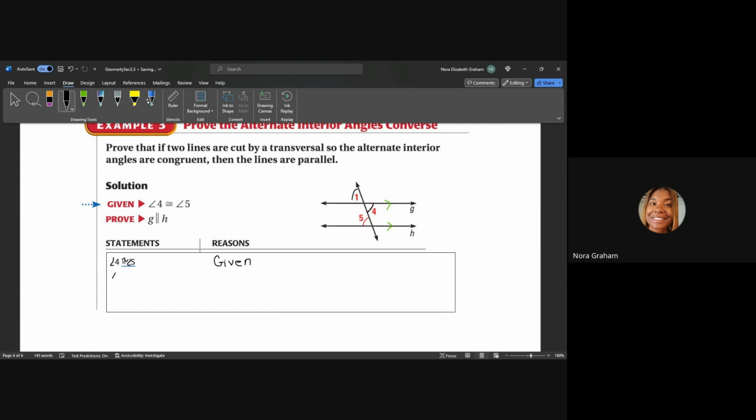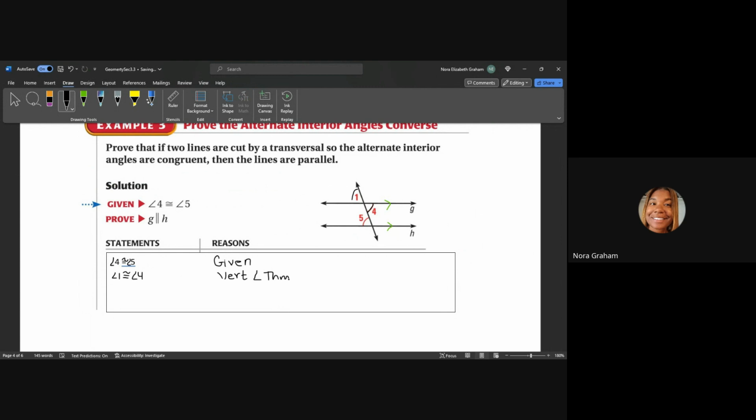I'm also given that angle 1 is congruent to angle 4, and this is by the vertical angle theorem. Again, I'm just going to write abbreviations because I don't want to take forever typing it out.